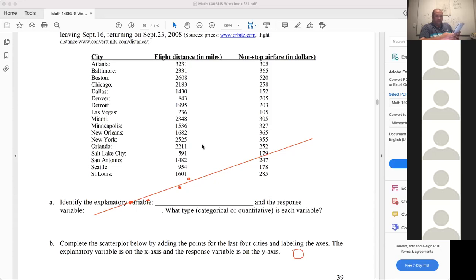Excellent, the explanatory variable is the first column. Okay, that takes care of the first column. And now the second column.